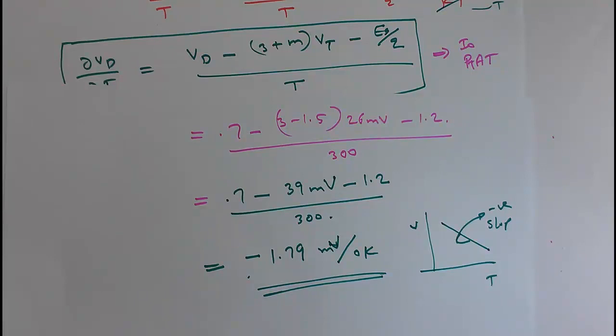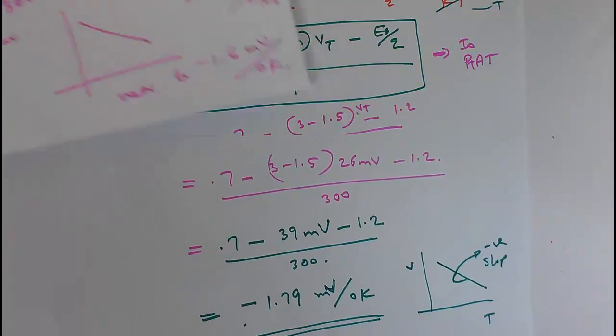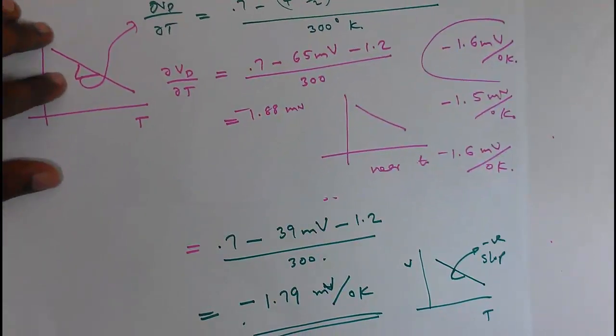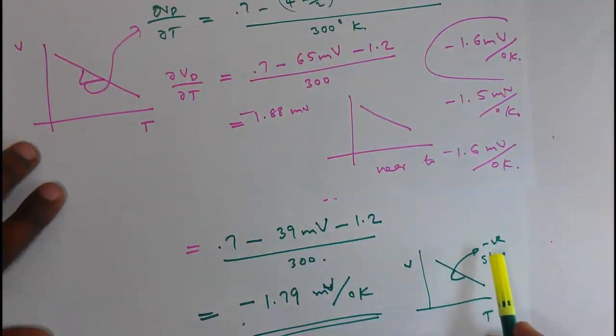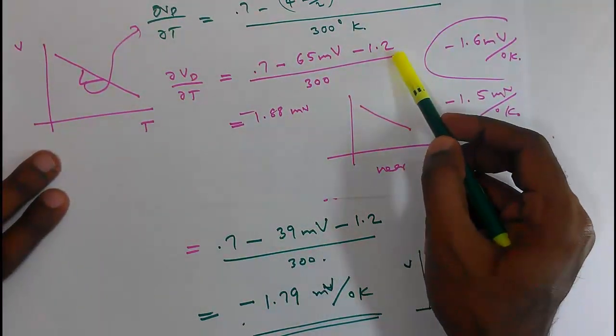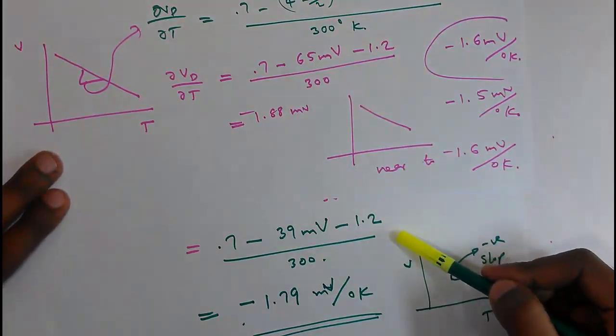And now let us compare with our previous value. So here, the expressions in red are our previous value, and the green is our new value.